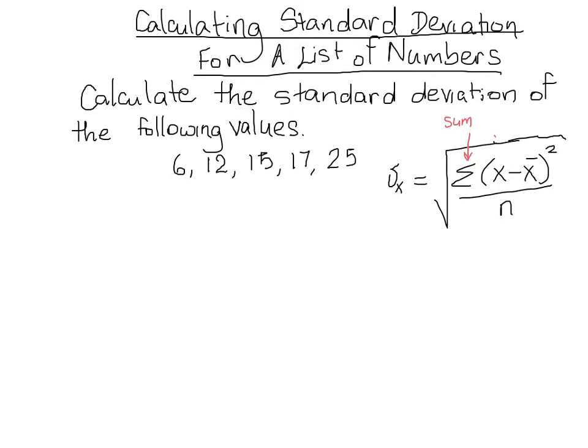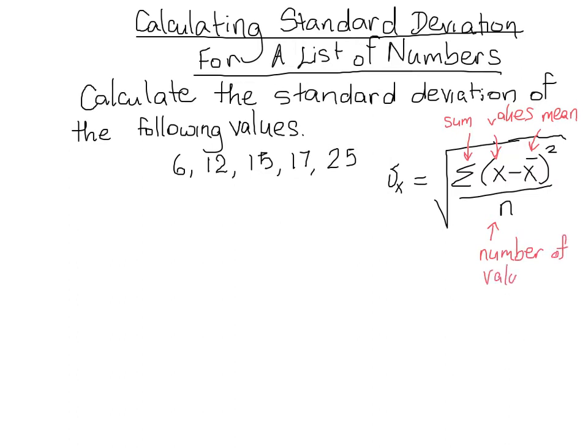But the x with the line over it, which I also call x bar, is our mean, or average, of our numbers. And n is the number of values.